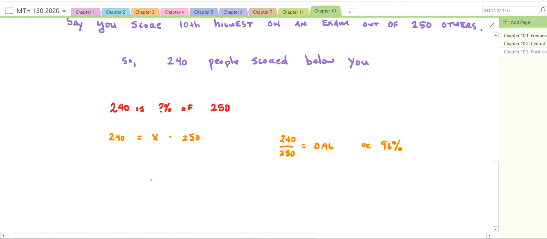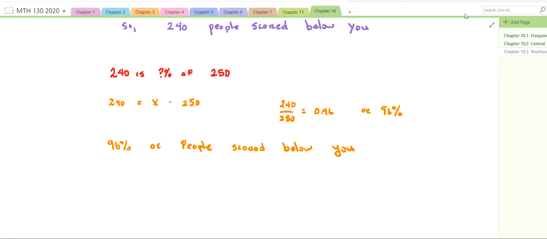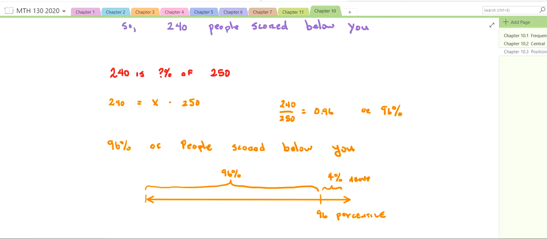So we could say that 96% of people scored below you. 96% of people scored below you. So this corresponds to the 96th percentile. So you scored in the 96th percentile.